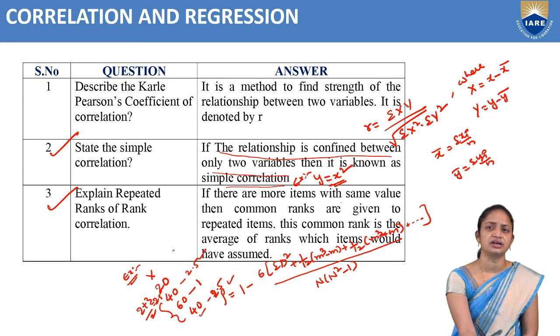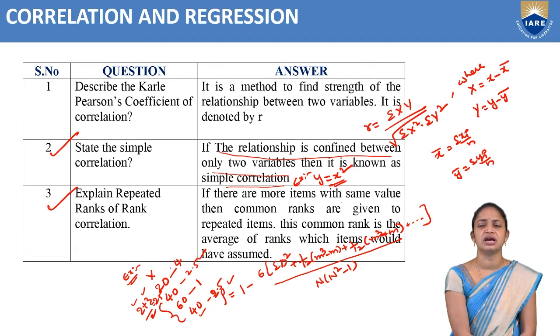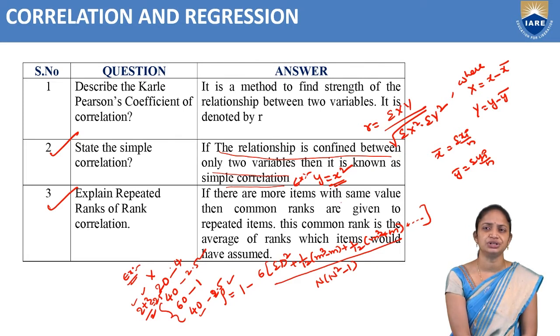And the next rank goes to 4 only, because the second and third ranks are already used. We have taken the average of those two ranks and here we keep 2.5 and 2.5. So this is repeated or equal ranks in the rank correlation coefficient.